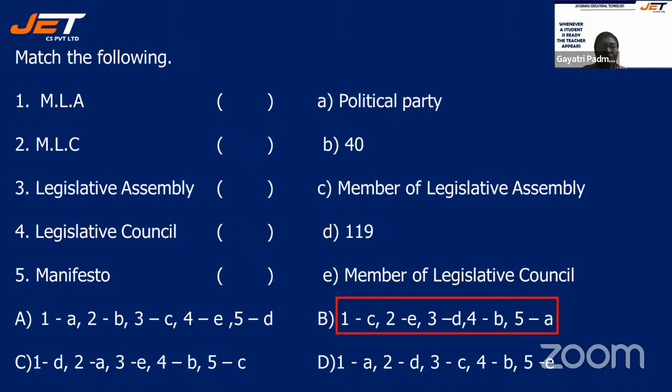All right, it is option B. For MLA, it is member of Legislative Assembly. For MLC, it is member of Legislative Council. For Legislative Assembly, it is 119. For Legislative Council, it is 40. For Manifesto, it is political party. All right, so that is the correct option.